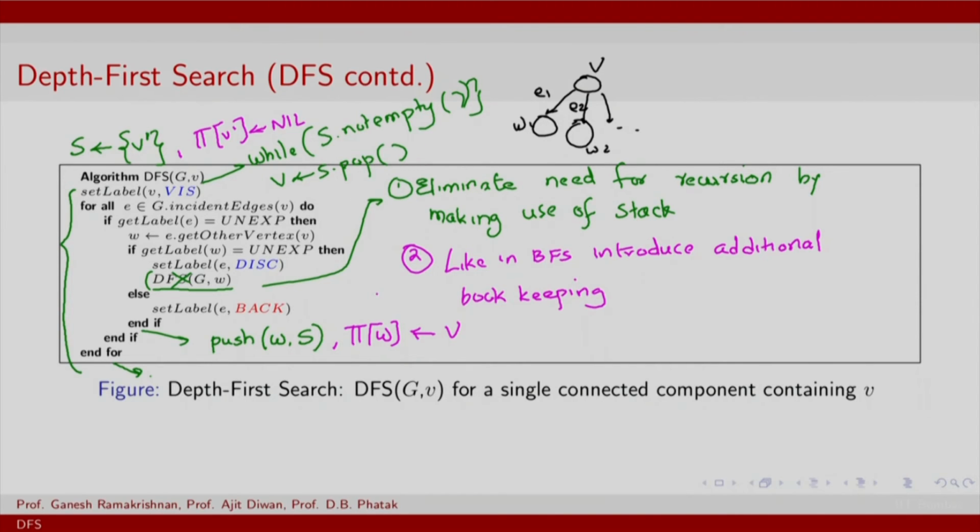We can also do some additional bookkeeping in terms of when the subtree for that node V gets expanded. The beginning of that, B of V, we can set to some time. This time is initially 0 and it increases the moment I start expanding a node, time plus plus.